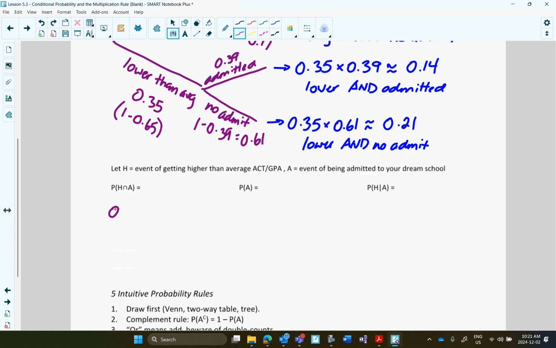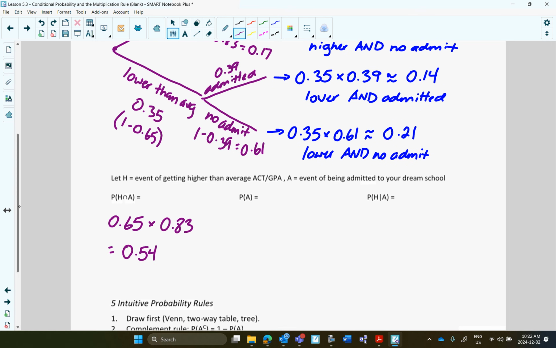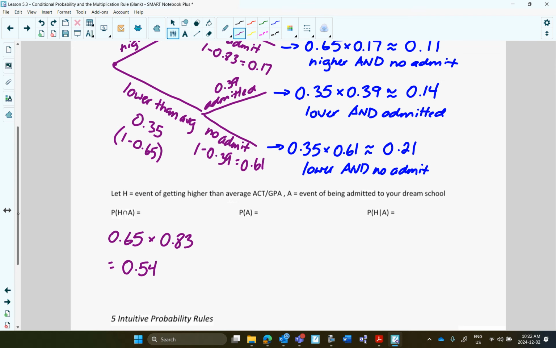And just remember it was 0.65 times 0.83, which was 0.541. This is why it's useful to have all these numbers, because you got to think about this next one. What's the probability of getting admitted?